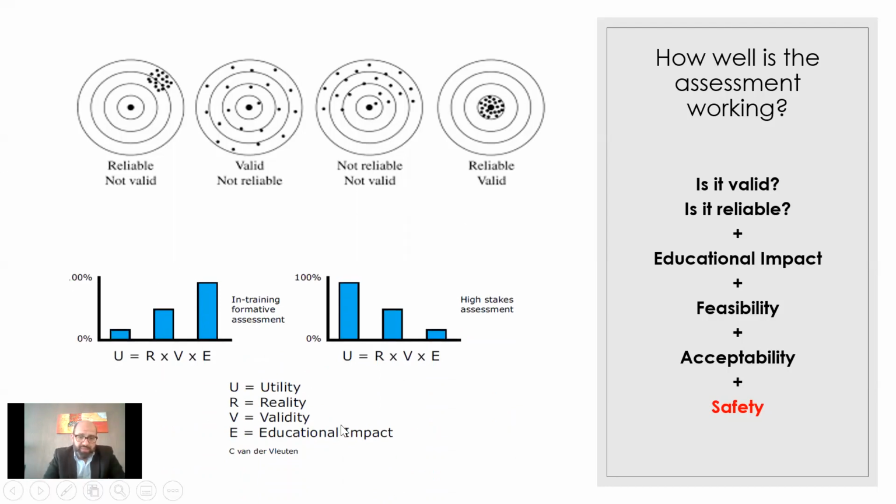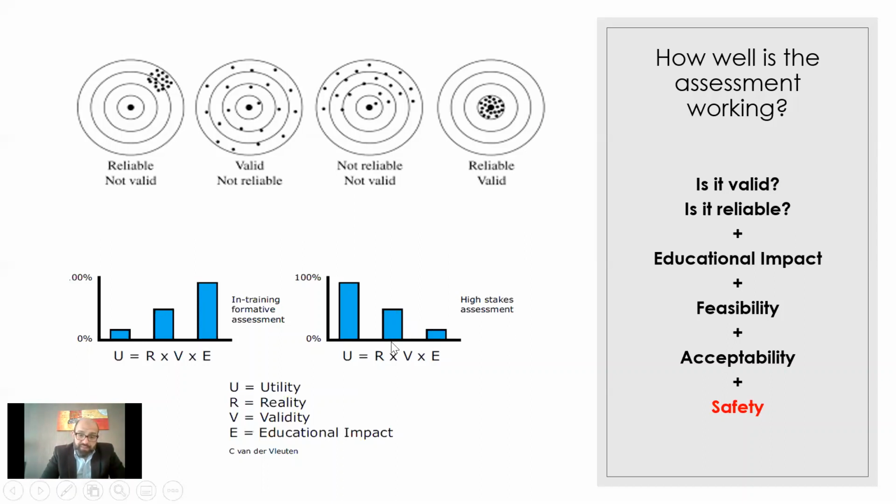This beautiful slide by Cees van der Vleuten shows you that when you are testing students in a high-stakes assessment, you need to get a really reliable test. You need to make sure that the score the student scored represents his real level.